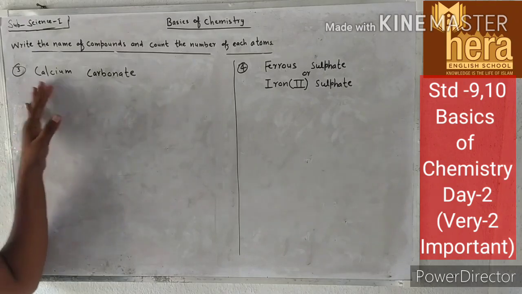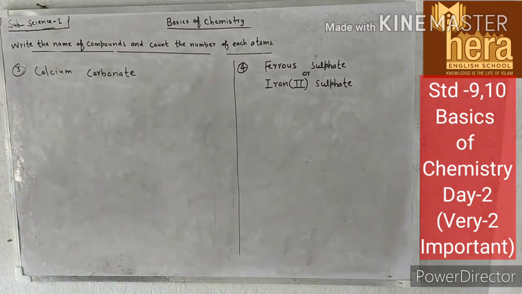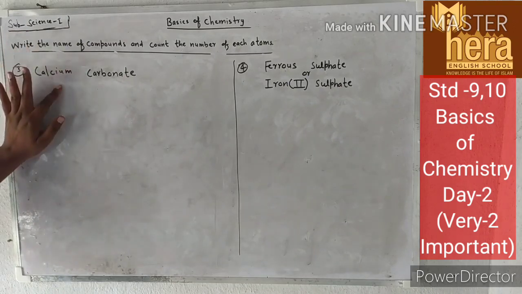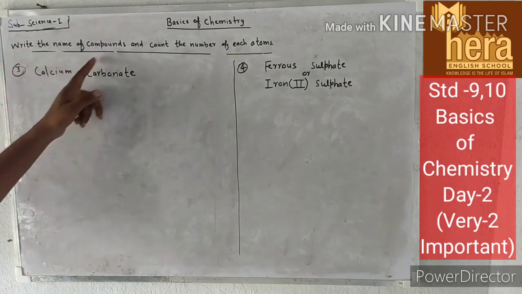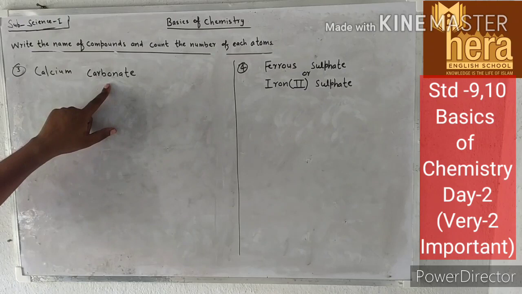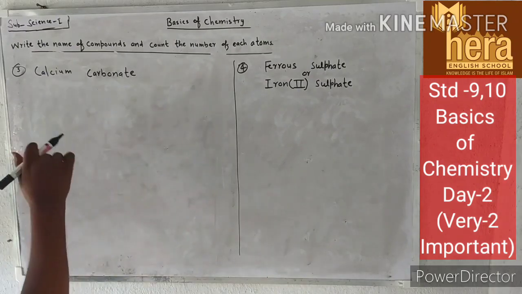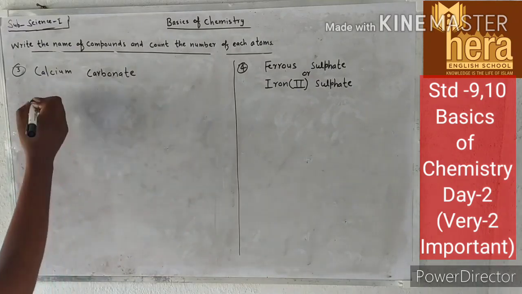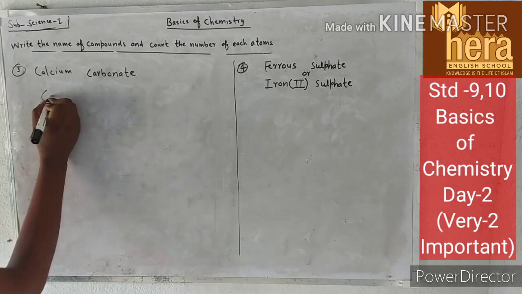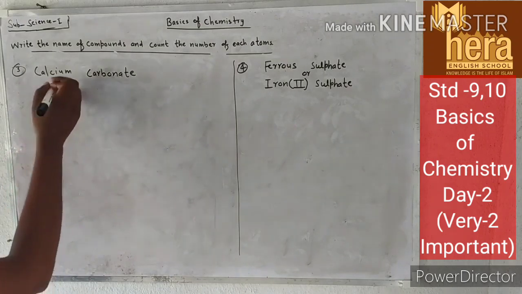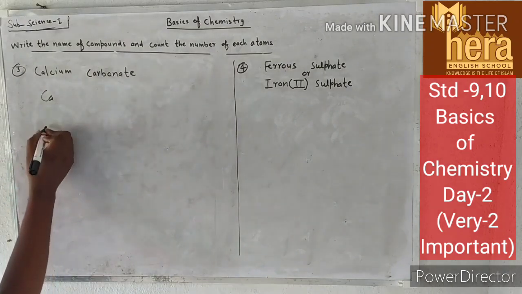Third one is calcium carbonate. Again, this part you will find in table number 3, and the second part you will find in table number 4. If you say calcium in table number 3, then its symbol will be Ca. You can check its valency, 2.